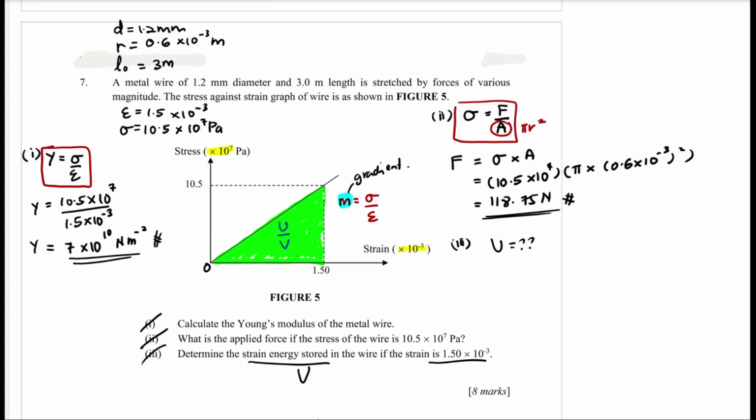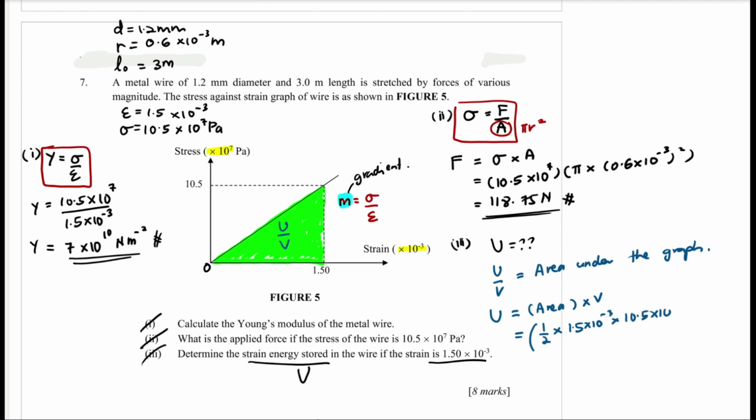So since U over V is equal to the area under the graph, to get U, it will be the area under the graph times V. So for the area under the graph, you calculate the triangle, the area of the triangle, which is 1.5 exponent negative 3 times 10.5 exponent 7.